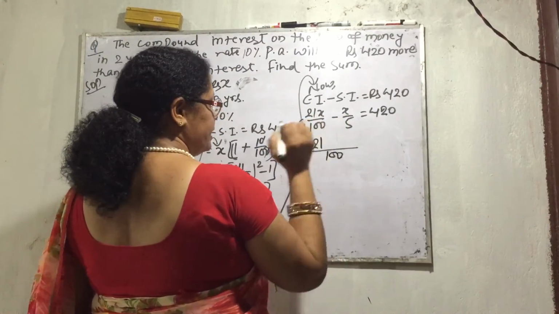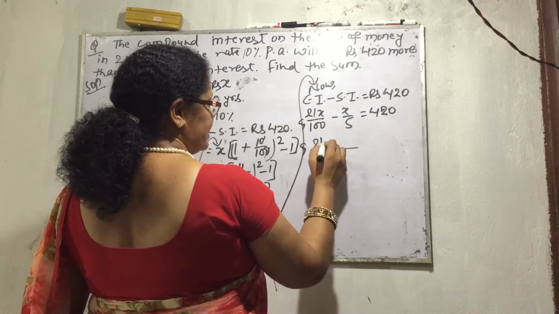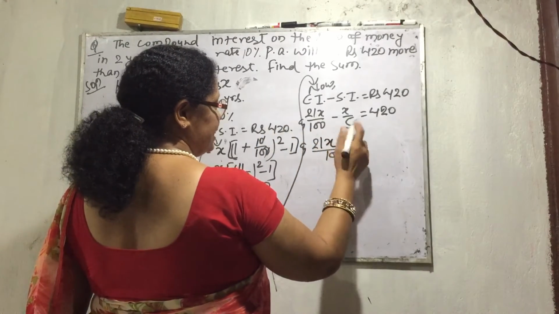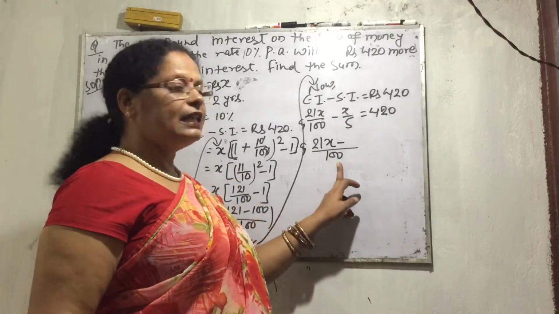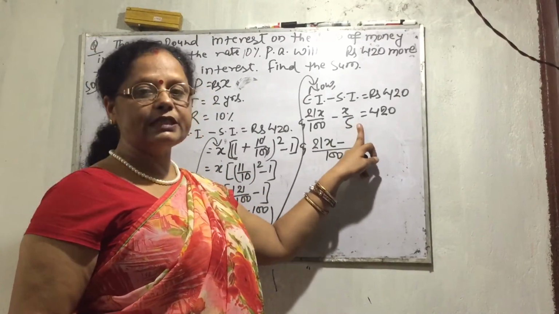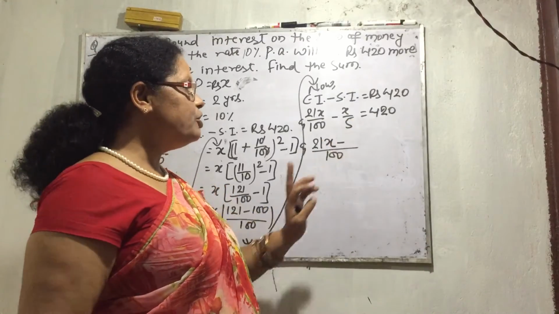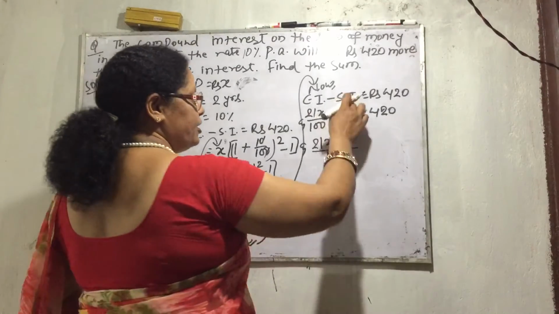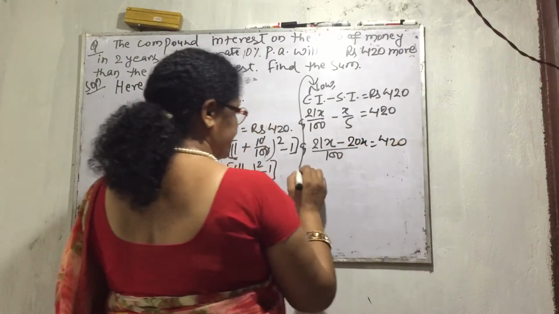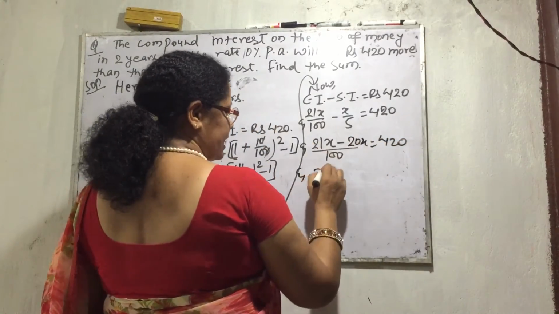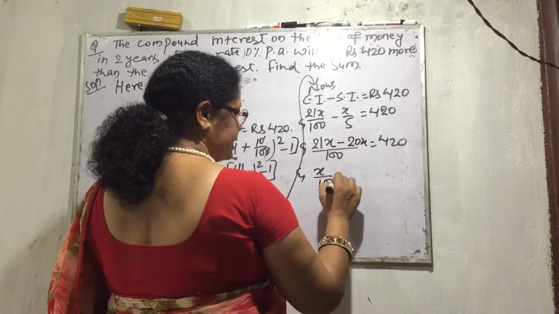So it will be 21X minus, divide this 100 by 5, this LCM divided by the denominator of the second fraction 5, you will get 20. 20 into X will be 20X.